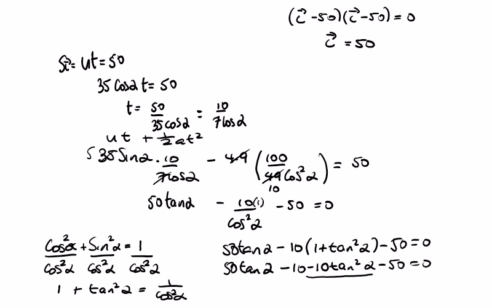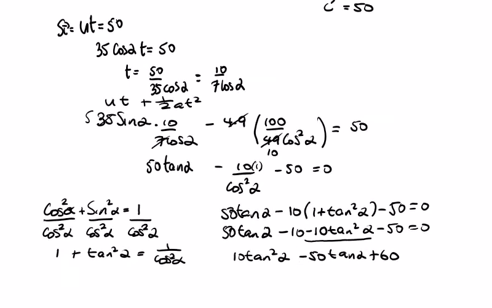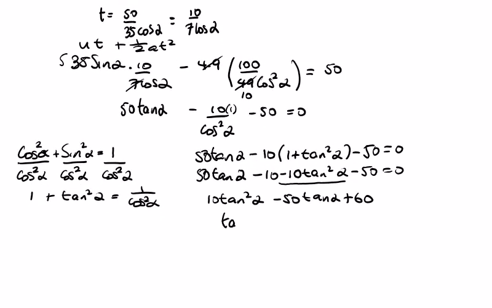So we want to make this positive, so we're going to have 10 tan squared alpha. We're going to have a minus 60, so we've changed the sign, so that's going to give me a plus 60, and we have a plus 50 tan alpha, so we're going to have minus 50 tan alpha, and these all divide by 10. So we're going to have tan squared alpha minus 5 tan alpha plus 6 is equal to naught, so I should factorize.